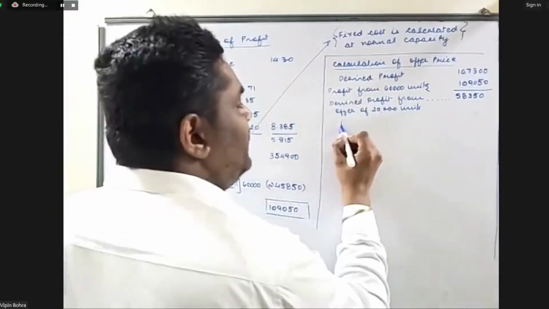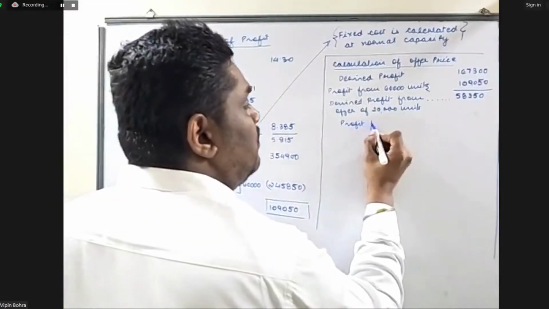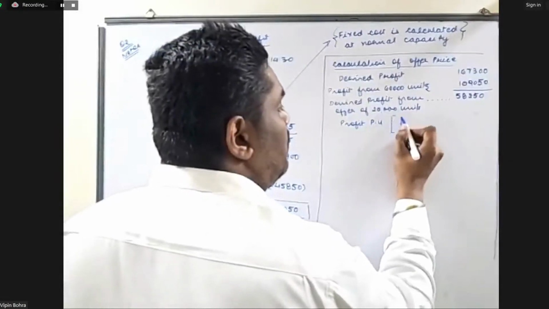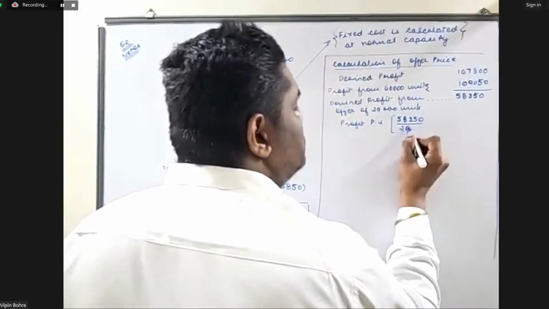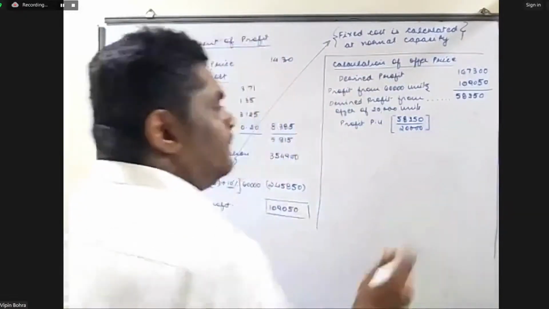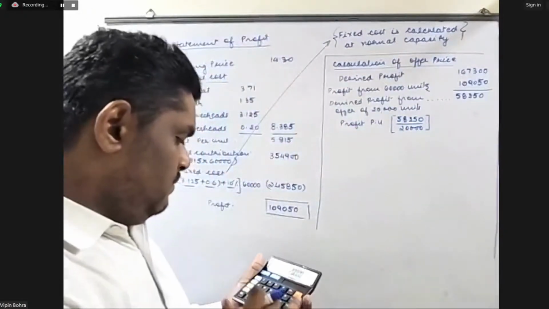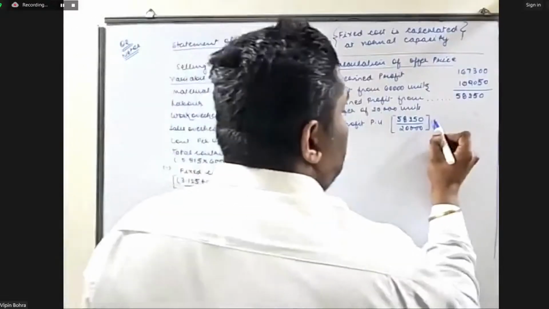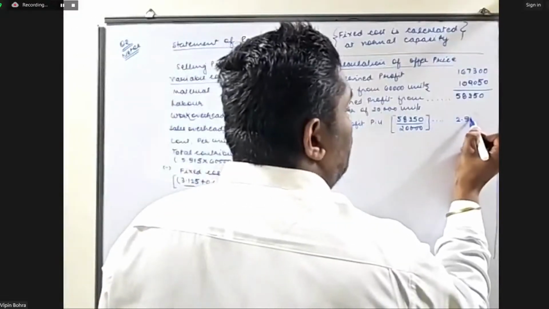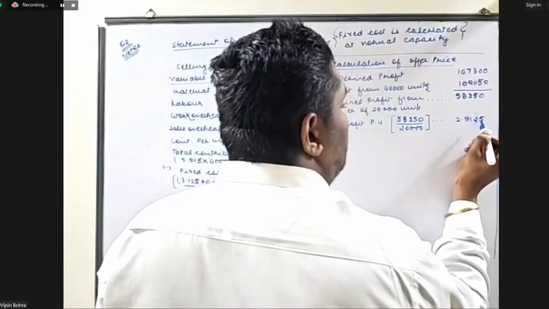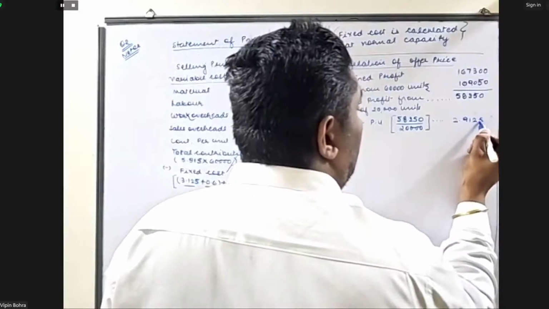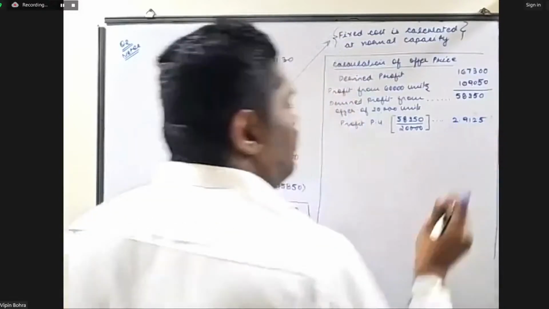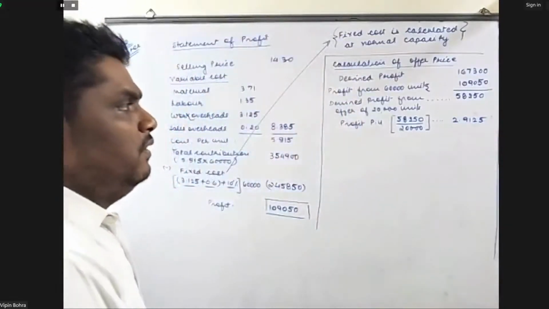Or we can say profit per unit will be 58,250 divided by 20,000, which is 2.9125.